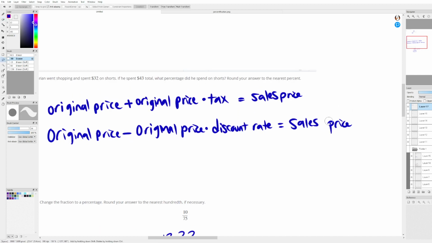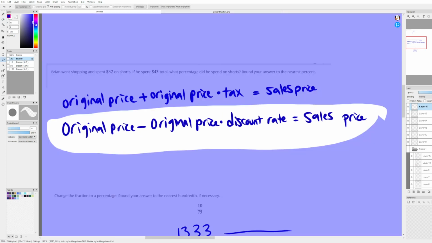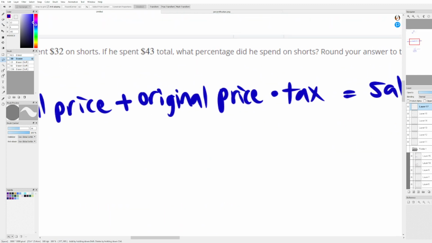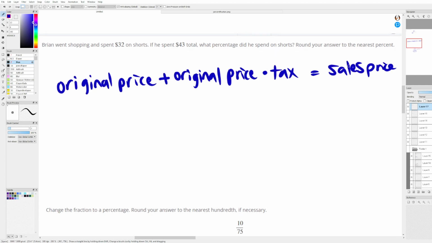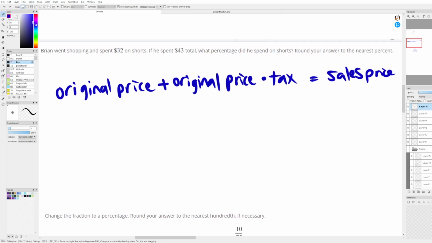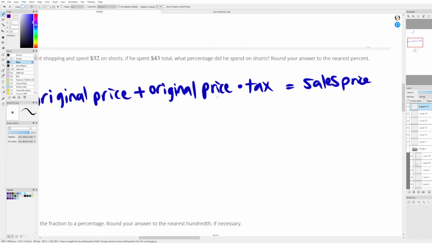Let me get rid of this bottom part because we don't necessarily need it for this equation. And if we think about this, it makes sense, right? There's an original price. The original price has tax that is based on the original price. And then once that tax is applied, you get the sales price. And you can solve problems with that.